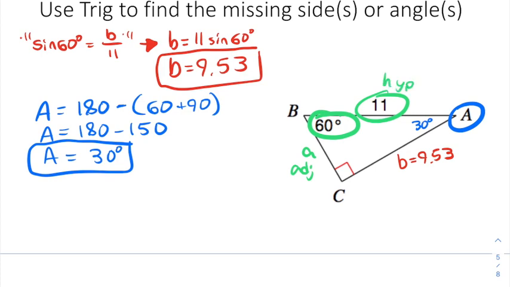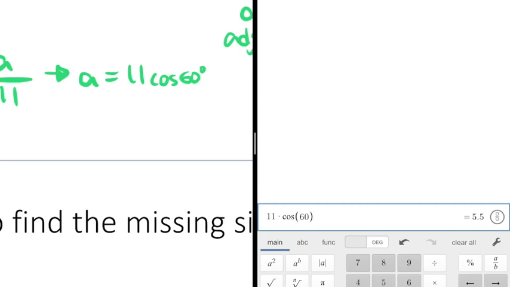If we're dealing with A and H, adjacent and hypotenuse, we're dealing with cosine. The cosine of our 60-degree angle equals the adjacent A over the hypotenuse 11, which, similar to the sine problem up above, ends up being A equals 11 cosine 60, which my calculator tells me is 5.5.